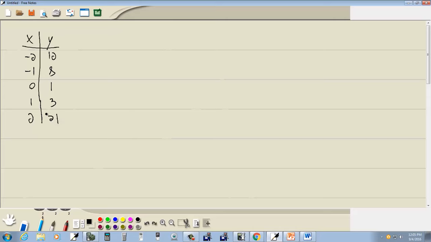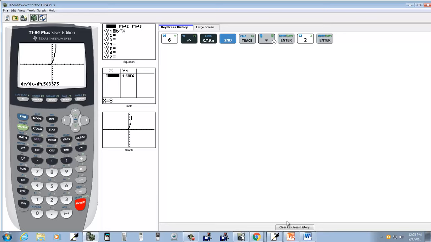So I've gathered some data points, and I want to come up with a quadratic model that best represents this. I need to first go put these in my calculator.